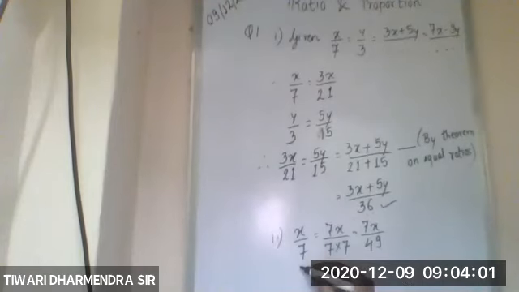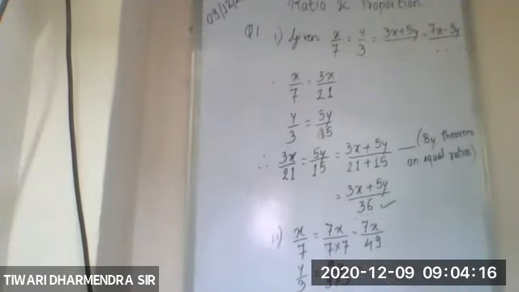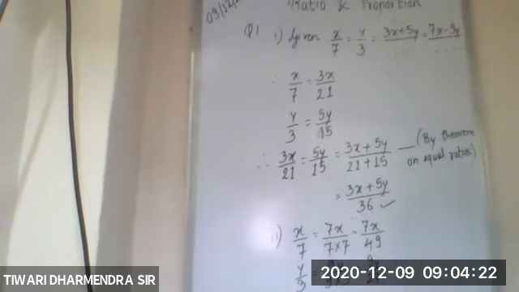Next is y upon 3. The requirement says we require 9y. So 9 into y upon 9 into 3 is equal to 9y upon 27. So we got 7x upon 49 and 9y upon 27.